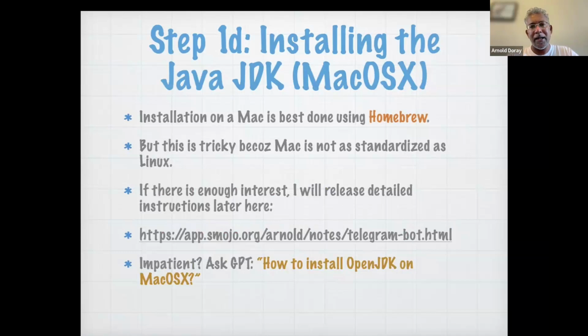Now, if you're running Mac OS X and you don't have Java installed, then it's best done using Homebrew. My best suggestion, honestly, because there are different versions of Macs and they're all slightly different, so the installation is not uniform, is that I would strongly recommend you ask ChatGPT how to install OpenJDK on Mac OS X, and it will tell you how to do that.